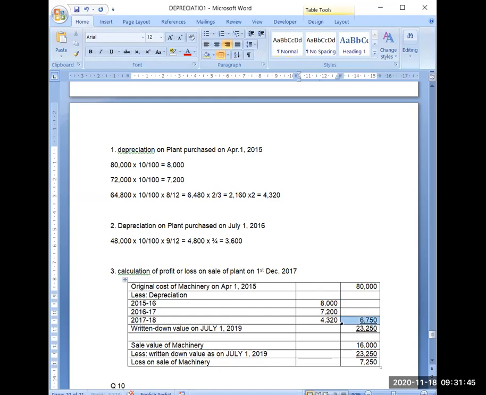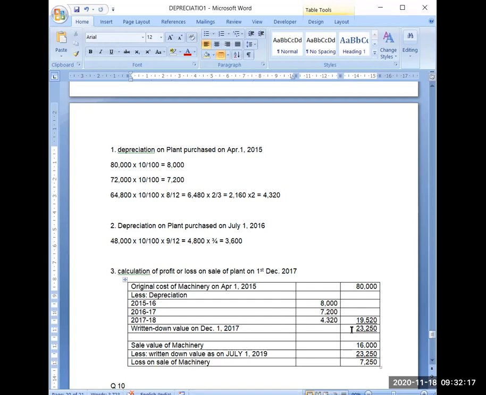So this way the total depreciation charge will be 19,520. So the written down value on December 1, 2017 will be 80,000 minus 19,520.